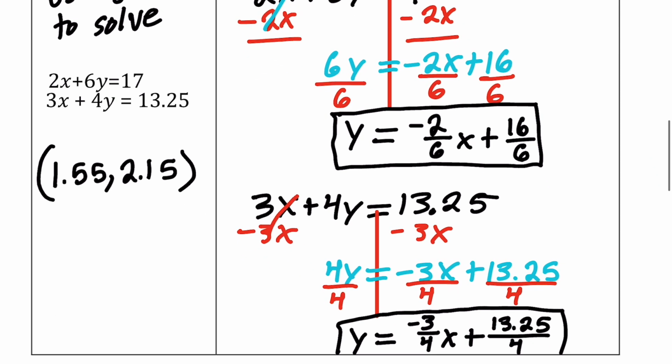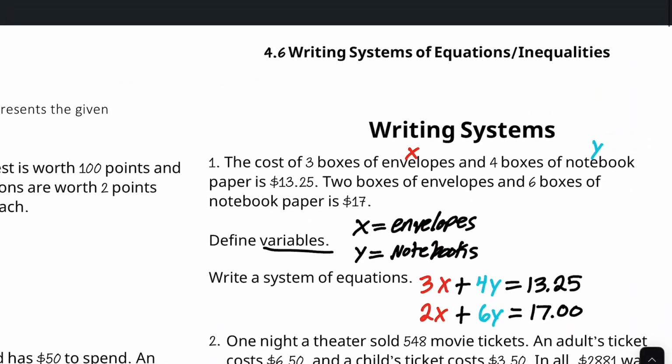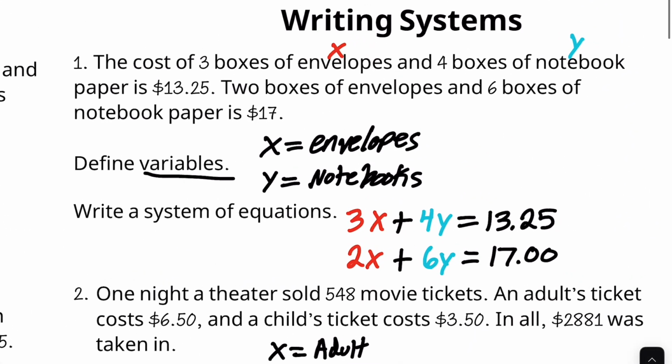I figured out that it's at these 2 points. Let's talk about the significance of these points. I want to remind you what my X stood for. My X stood for, I guess I should have put a dollar sign over here, but X stands for the cost of an envelope, and Y stands for the cost of a notebook.